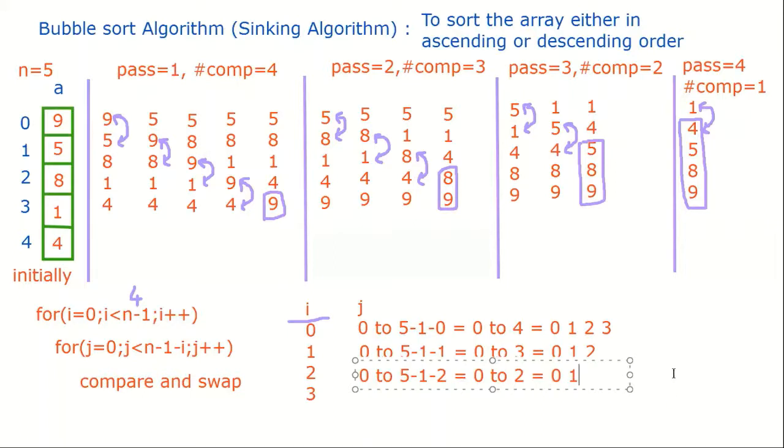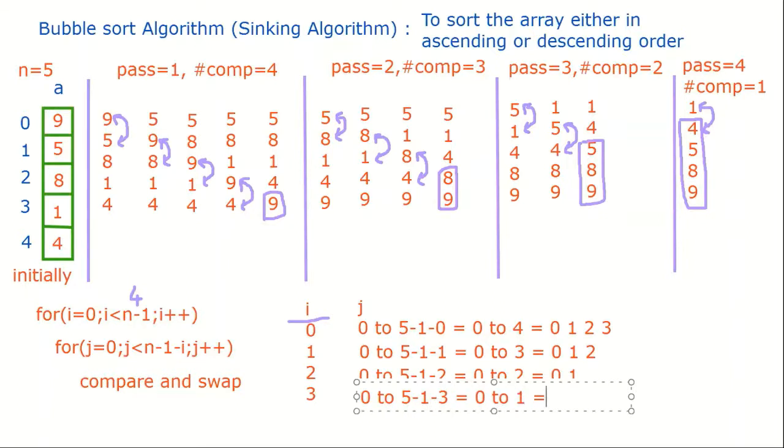That is the number of times the comparison is happening. What is the next last value of j? 0 to 5 minus 1 minus 3. The i value is 3, which is nothing but 0 to 1, which says the loop iterates only once.